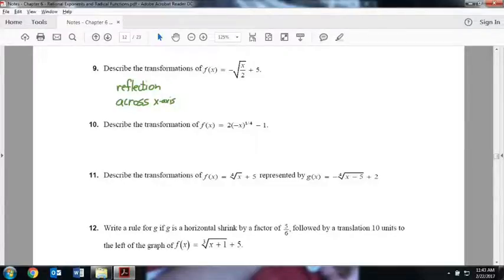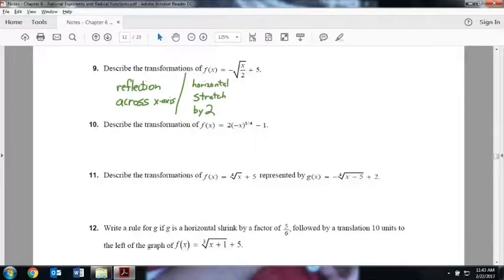That 2 in there is inside the parentheses, so it affects the x values, but it's also backwards, so it's not really dividing by 2, it is multiplying by 2. So if you multiply by 2, you are stretching. It is a horizontal stretch, because x's are horizontal, by 2, because everything's backwards.